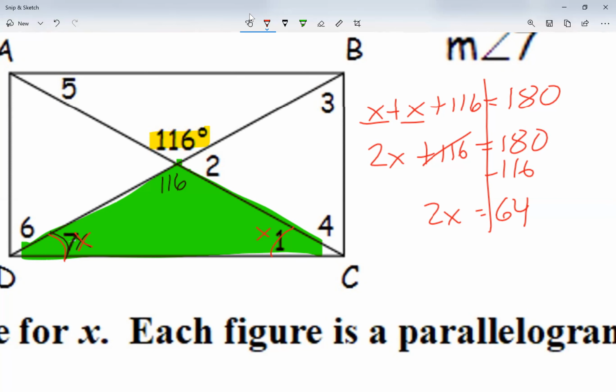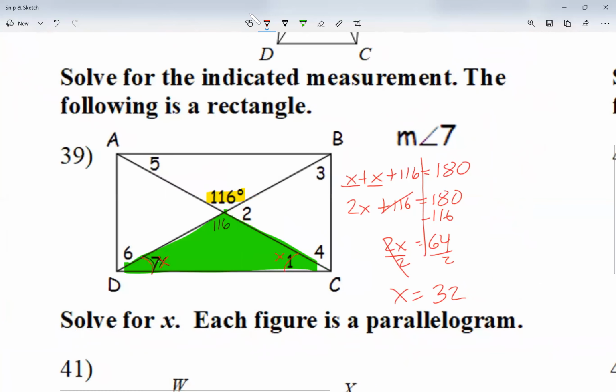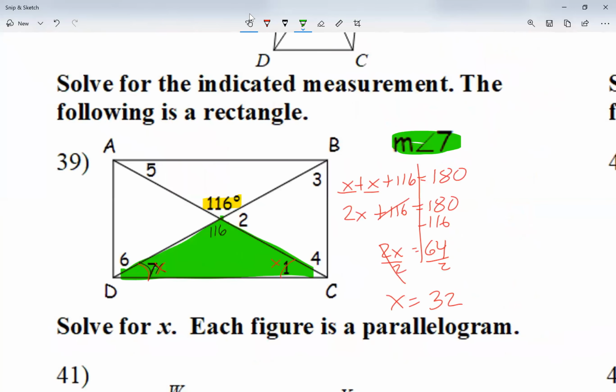I don't have x by itself, so let me divide by 2. So x in this case happens to be 32. All right, the measurement of angle 7 is 32. We can see that that's what we were solving. It says we were solving for the measurement of angle 7.